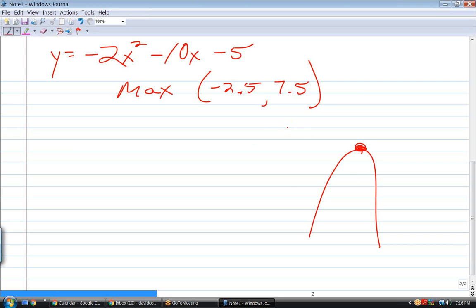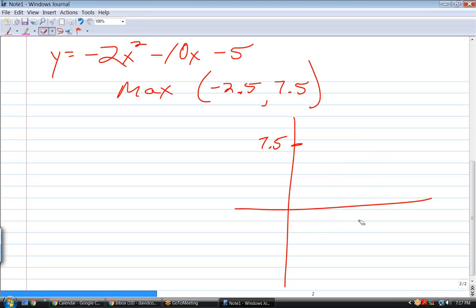And on the y-axis, that comes at 7.5. Oh, excuse me, I got it on the wrong side. Hold on. It's negative 2.5. So it's something like that. So at negative 2.5 is the vertex, and y is equal to 7.5 there.